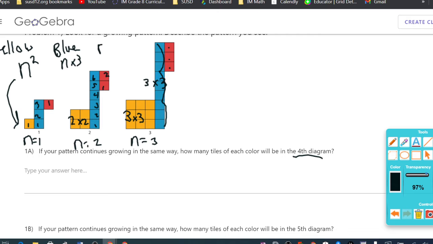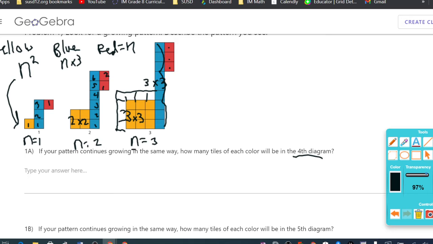And then for the red squares, it's just n. Whatever this n is, it's the same as n. Red squares equals n. So if it's going to be the fourth diagram, then let's add one more square here, and one more square here. Like that. We can see the growing pattern.